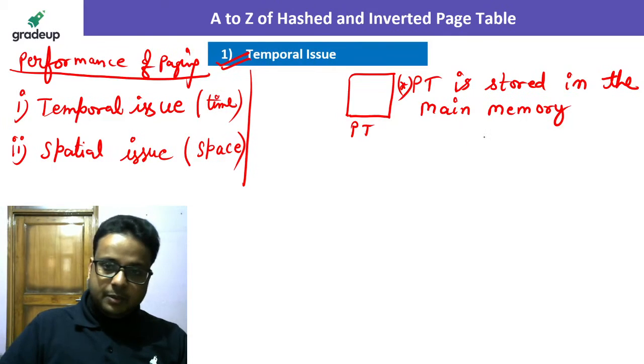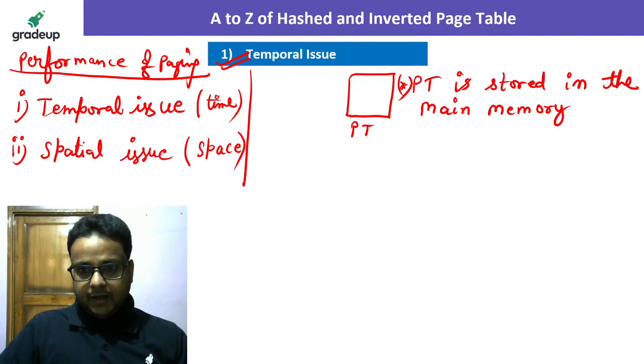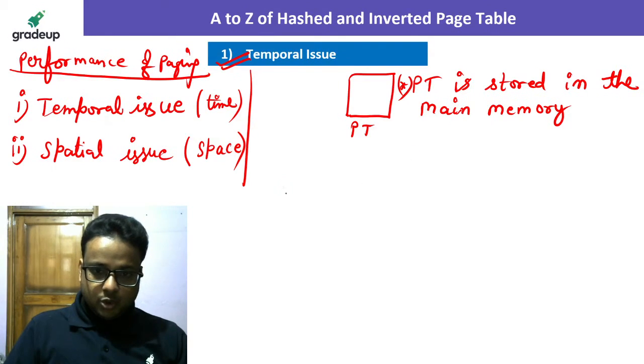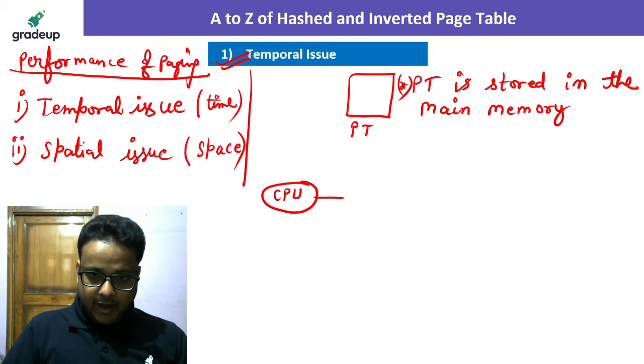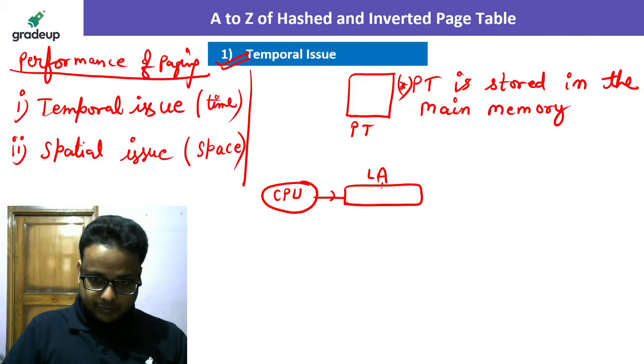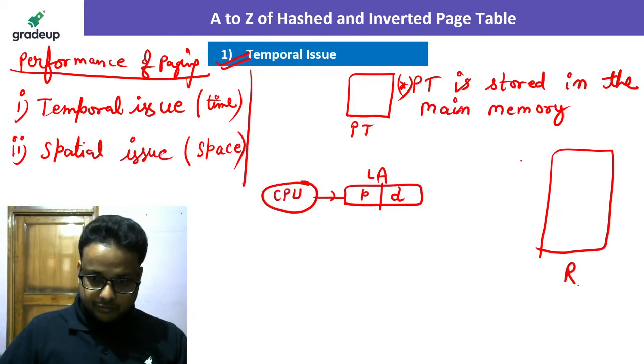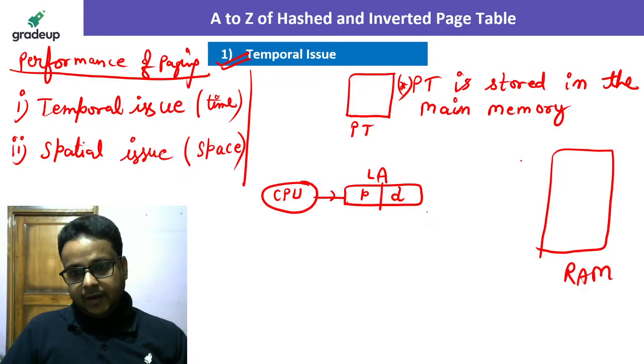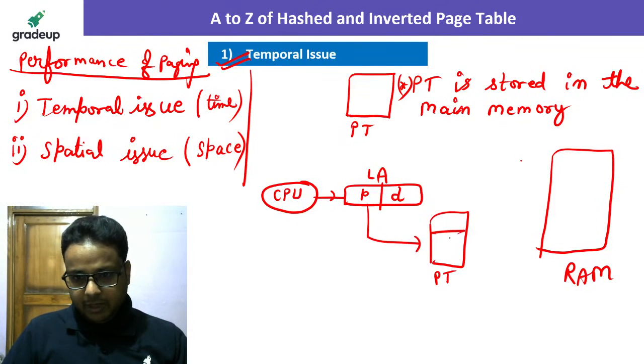Page table is stored in the main memory, and here you have CPU, and CPU will generate the logical address, which is divided into P and D, correct? And here this is your RAM, and I told you page table is stored in the main memory.